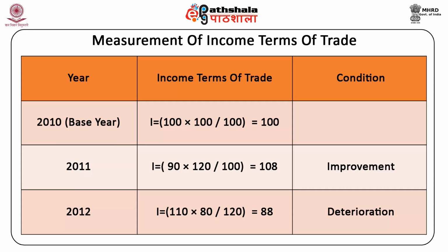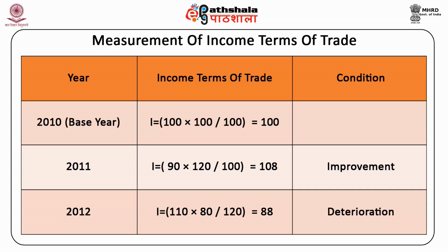Hence, in the year 2011, there is a fall in the export price index with no change in the import price index, suggesting that the commodity terms have worsened. But there has been an increase in the export quantity index from 100 to 120 in 2011.